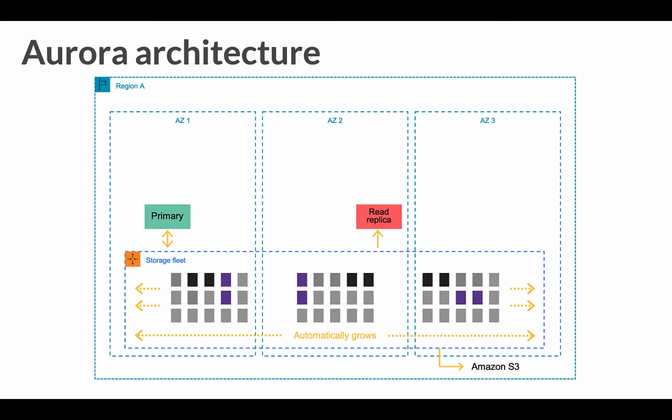So to the database, it is simply represented as a logical clustered storage volume. And if you look at the bottom right corner, we also continuously back up and stream the data and log records to S3 for additional durability. Also, with Amazon Aurora, storage scales automatically in 10 GB increments up to 128 terabytes maximum size.